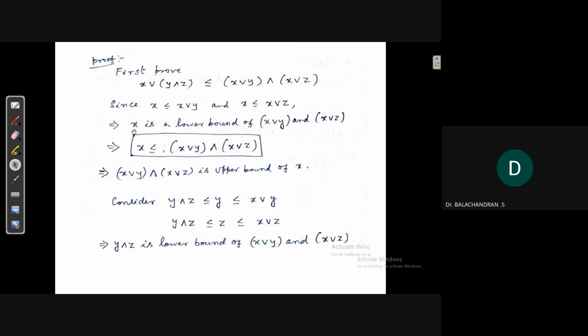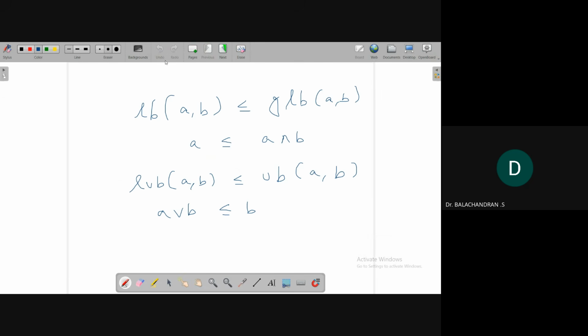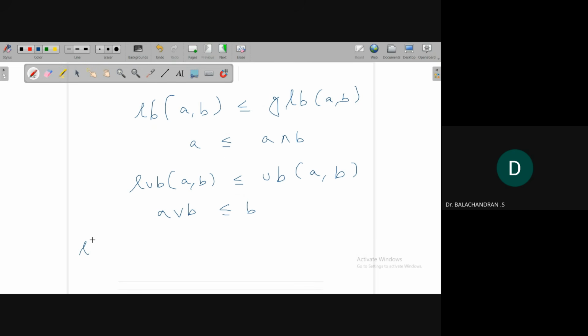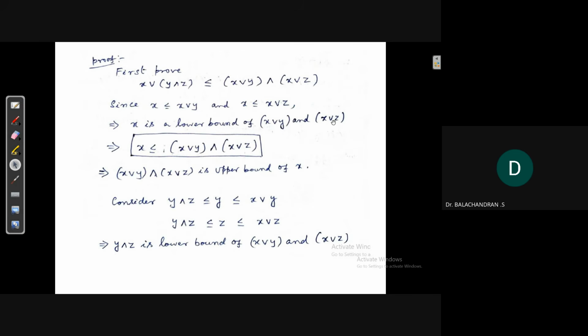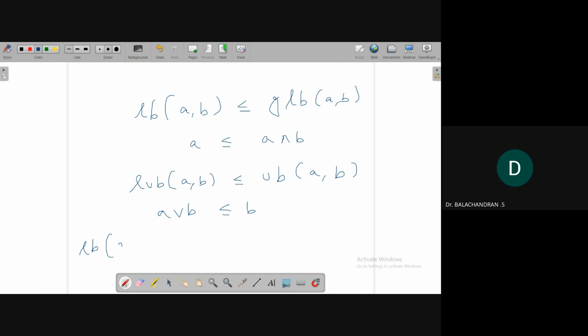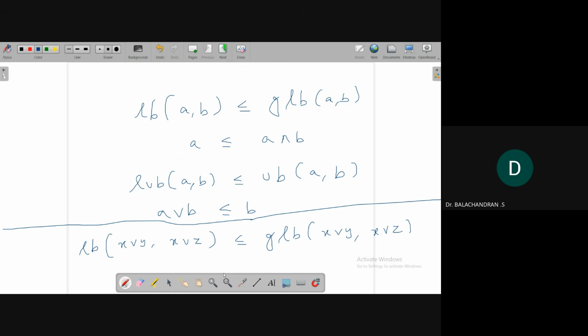Next step, because we are dealing with a lower bound, we need to write: x is a lower bound of x ∨ y, x ∨ z, so it is less than or equal to the GLB of x ∨ y and x ∨ z.